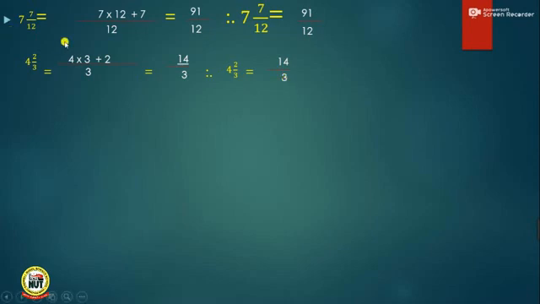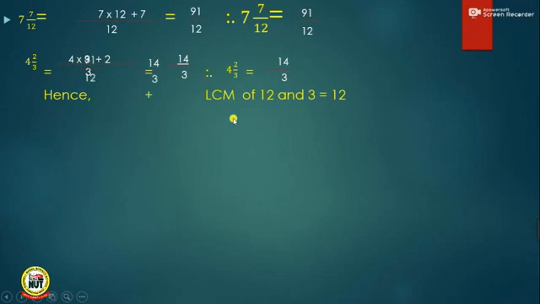So we have succeeded in changing the two mixed fractions we were given into 91 all over 12 and 14 all over 3. Now remember, the question says we should find the sum of these two fractions. So we're going to add the two answers, and that will give us our answer.